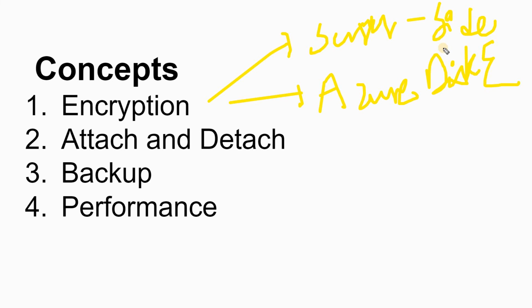And when we talk about performance, as I mentioned, there are types of SKUs: premium SSD, standard SSD, and standard HDD. HDD is hard disk drive, and SSD is solid state drive. And SSD will have more IOPS and throughput.